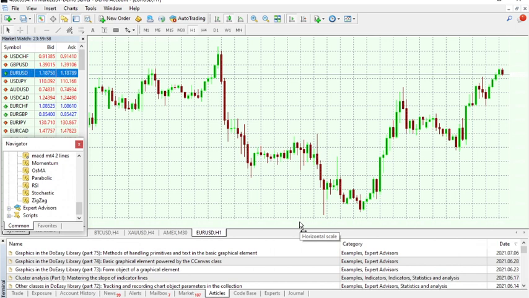Before you put your moving average, you've got to know that we have two types of moving averages. One is exponential, and the other one is simple moving average. But the most important one we will make use of today is the exponential moving average.